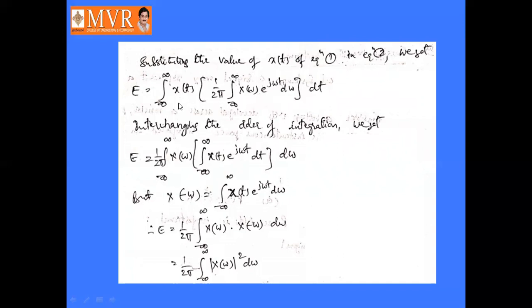Now interchanging the order of integration, we get E equal to 1 by 2π integral from minus infinity to infinity of X(ω) into the integral of x(t) e^(jωt) dt, whole into dω. But this integral of x(t) e^(jωt) dt is nothing but X(−ω). So replace this by X(−ω) dω. This is nothing but X(ω) into X(−ω), which is |X(ω)|² dω, right?